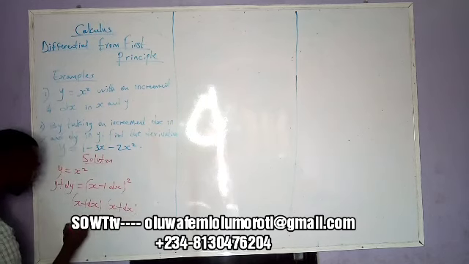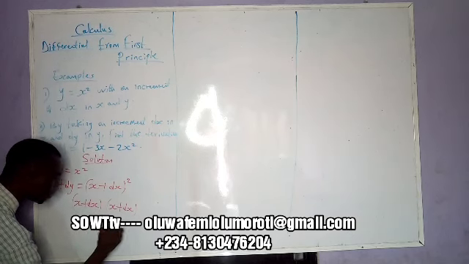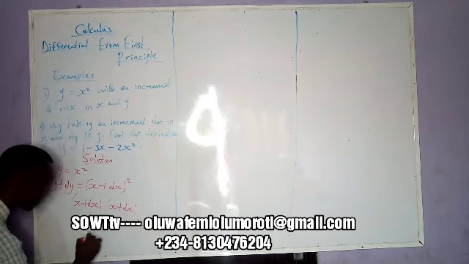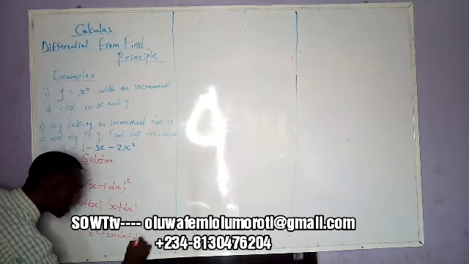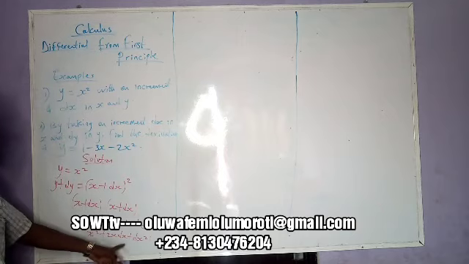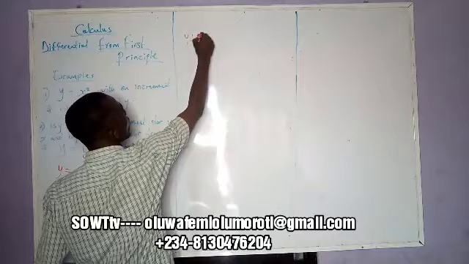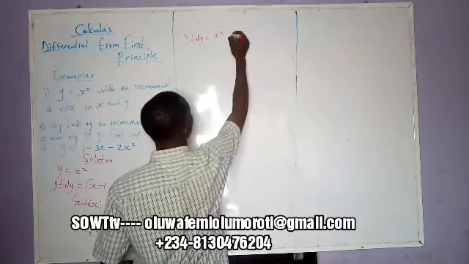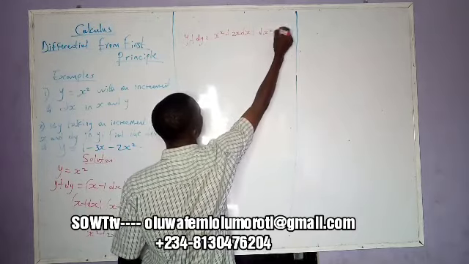So x times x is x squared, x times dx plus x dx plus dx squared. So we now have x squared plus 2x dx plus dx squared. On getting to this place, we replace it, so we now have y plus dy equals x squared plus 2x dx plus dx squared.